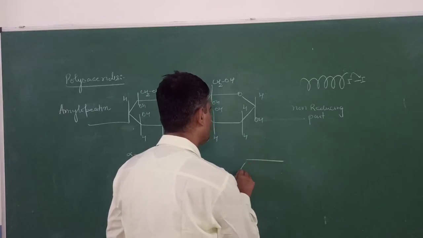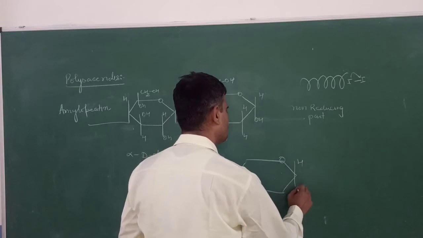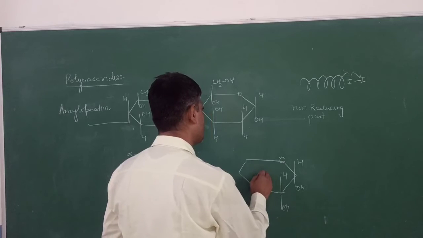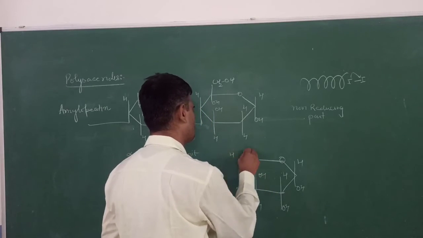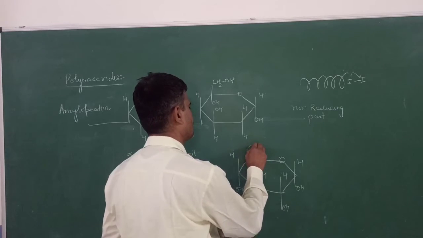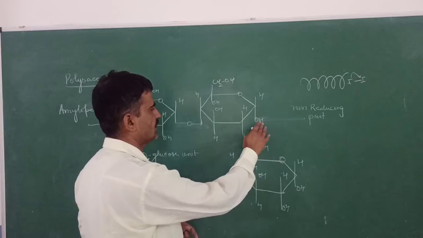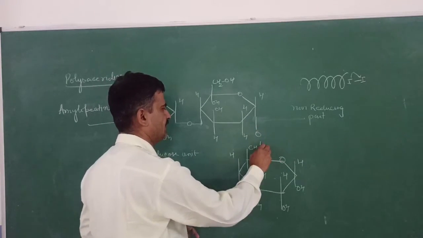This is another chain of alpha D glucose units. You can see here, this is the first carbon, this is the sixth carbon, they get condensed to form the glycosidic linkage.